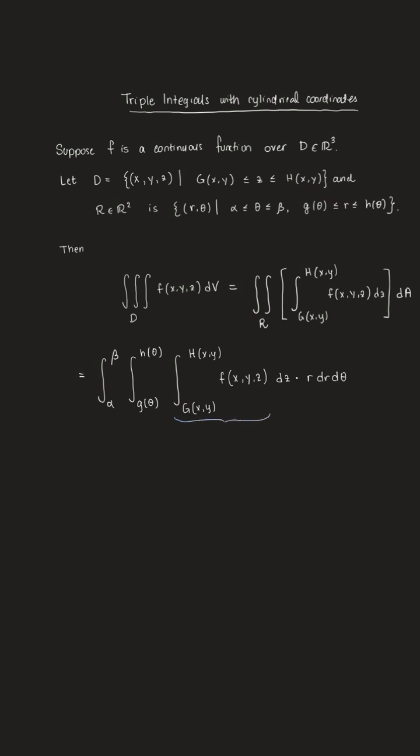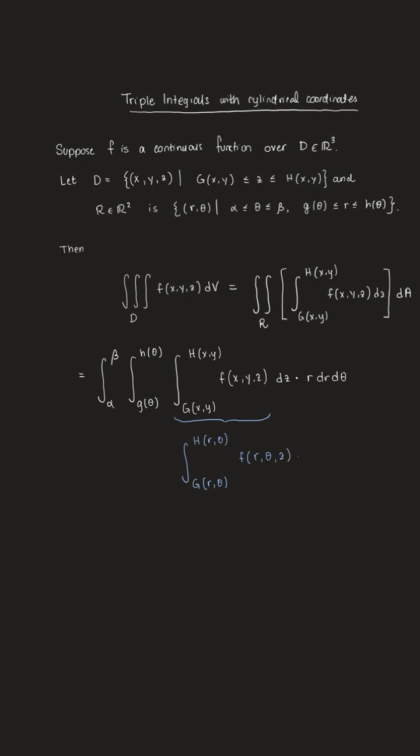So we can rewrite that inner integral where g is a function of r and theta using our conversion from rectangular to cylindrical coordinates, and h is also a function of r and theta, and our density function is f of (r, theta, z).